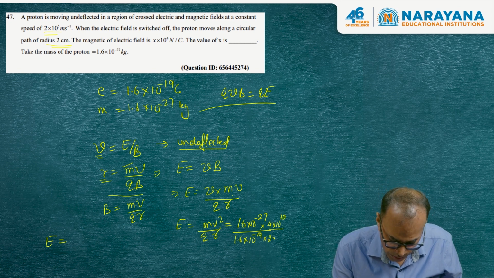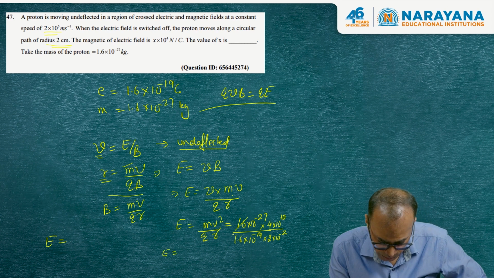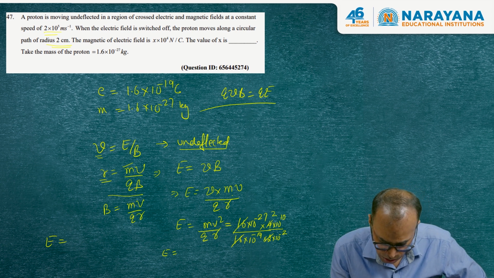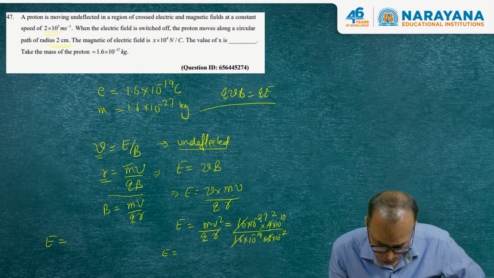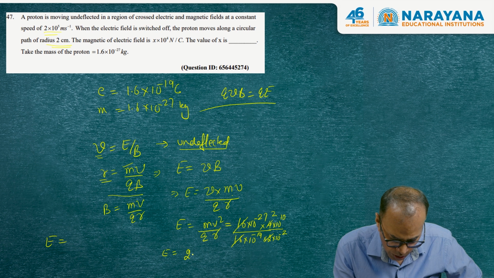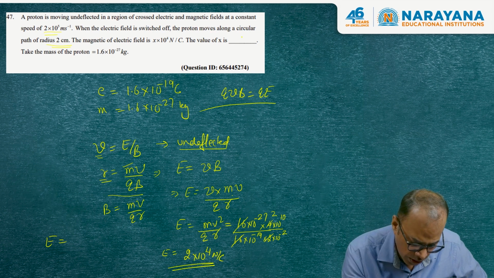Radius is 2 centimeter, 2 into 10 to minus 2. So I can find out E. 1.6 will cancel out. This is 2. I can guess the answer must be 2. Still I will verify. So the exponent is minus 27 minus 19 minus 8 plus 10 plus 2. So this comes out to be 2 into 10 to the 4 Newton per coulomb. So yes, the answer is 2.